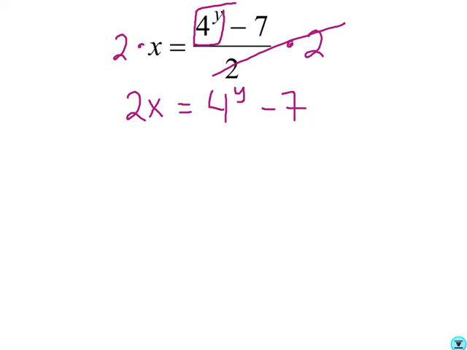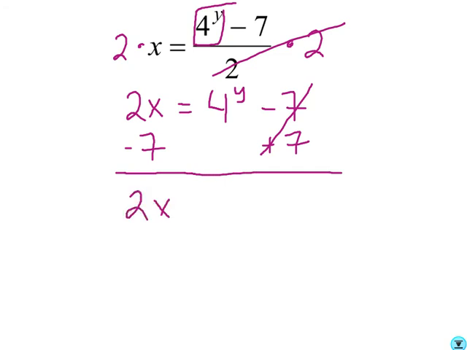Subtract 7. Still want to get 4 to the power of y by itself. So I'm going to add 7 to both sides. We're slowly getting to where we want to be. 2x minus 7 is equal to 4 to the power of y. All right, so if you've been practicing your exponential equations, you should recognize that at this point, we're going to want to switch from exponential to log form.